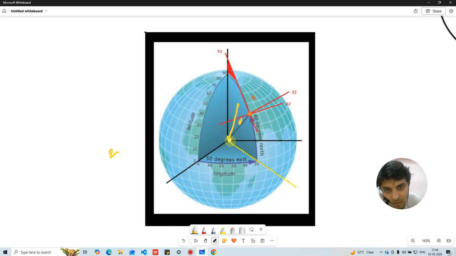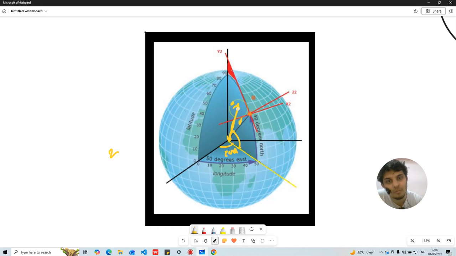From this direction go this much east, then go north, and where do I end up? I end up here. So from its initial position, from this point, draw the length of the vector.